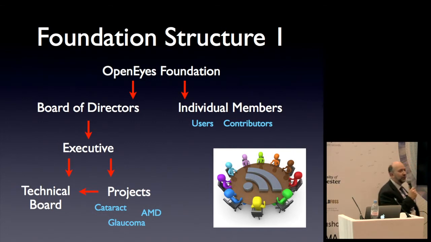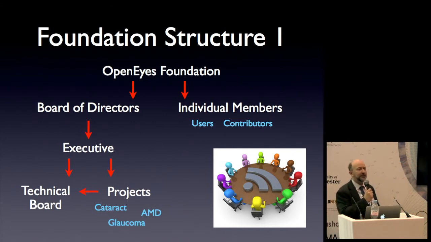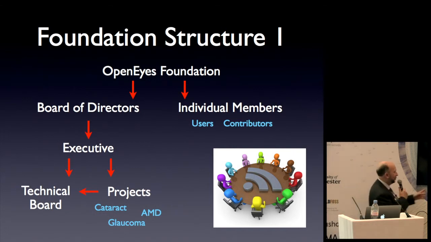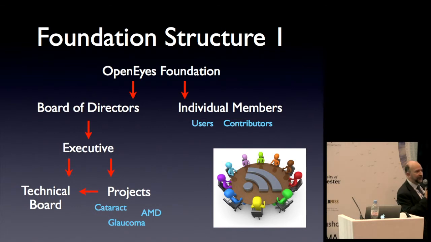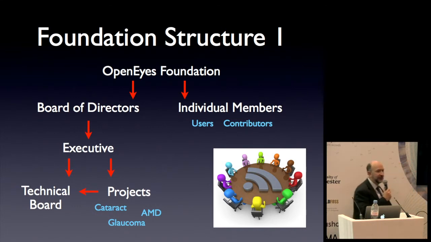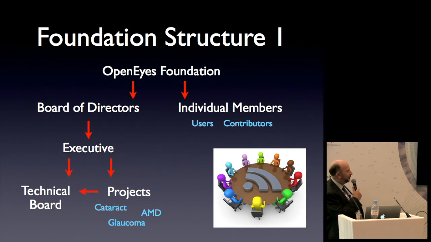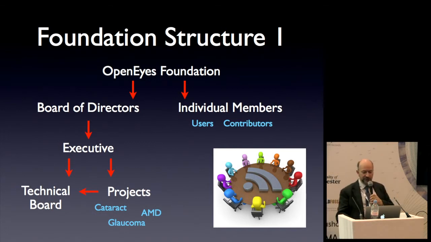These projects are work groups based on the subspecialties that you would expect to see within ophthalmology, be it cataract, glaucoma, medical retina, etc. They come together as work groups to determine what they want to see in the product, what requirements, what's the next thing they should be doing. And that's how OpenEyes is moving forward, through people getting involved in these particular project work groups.